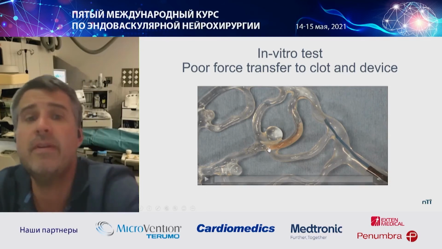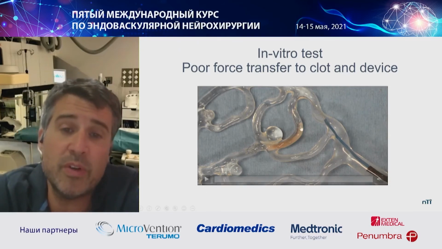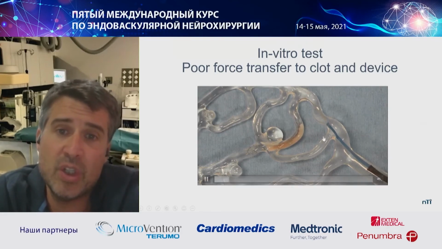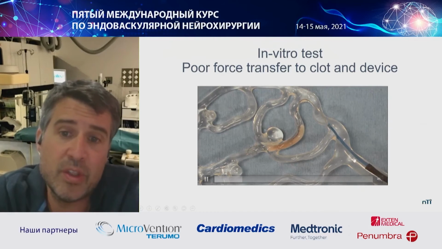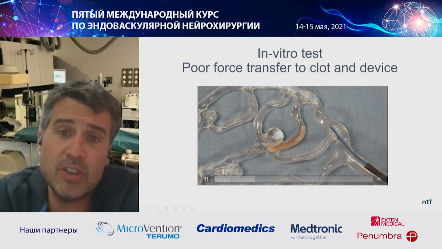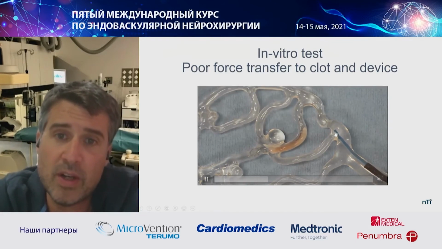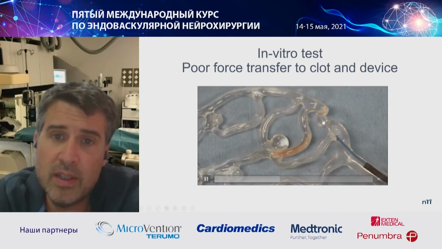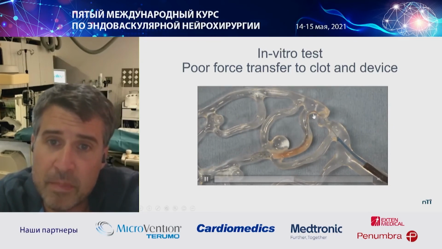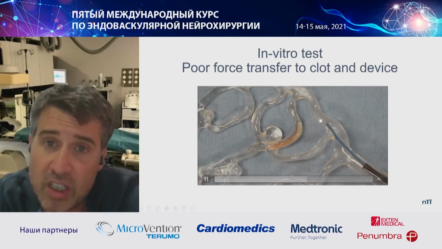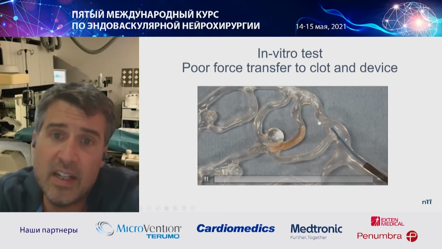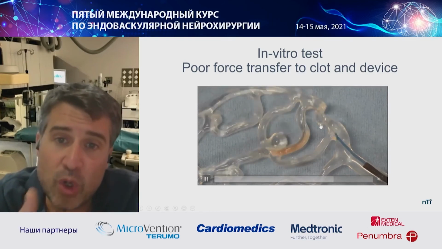When you perform a thrombectomy with a stent retriever in distal branches, this is what might happen. Here is your blue microcatheter, you pull, and you're pulling the wrong way. The force is applied wrongly, and you might shear and dissect the vessel. This is what you don't want to happen.